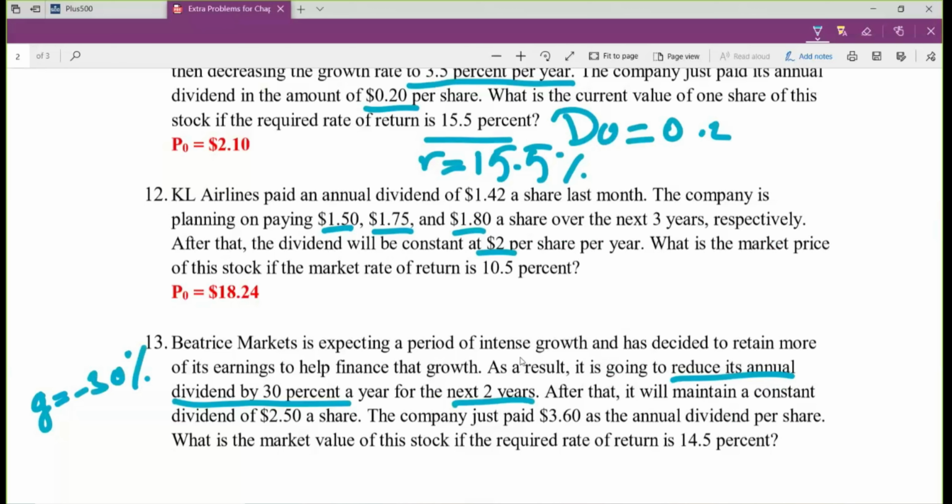After that, it will maintain a constant dividend of $2.5 a share. The company just paid 3.6 as an annual dividend, so this is D0. So I need to find the market value if the rate of return is 14.5%.